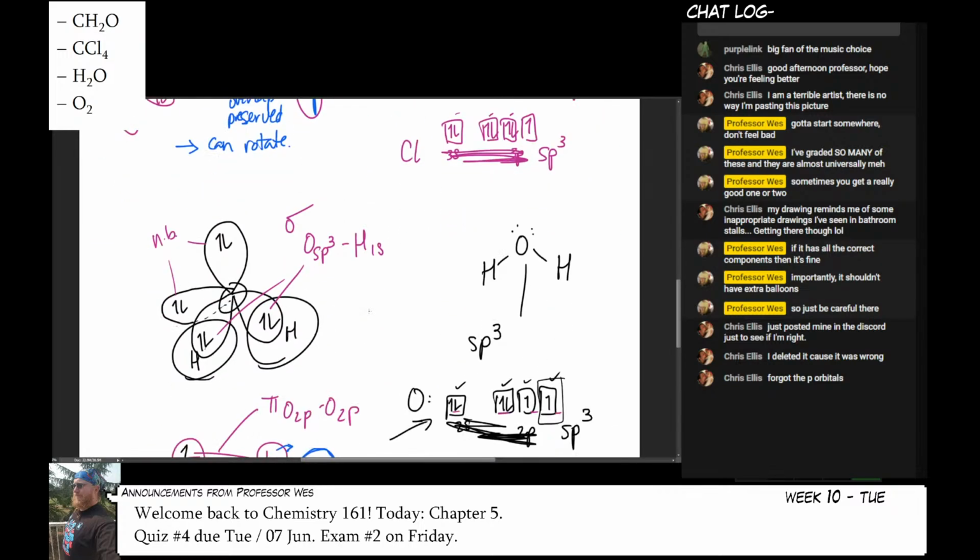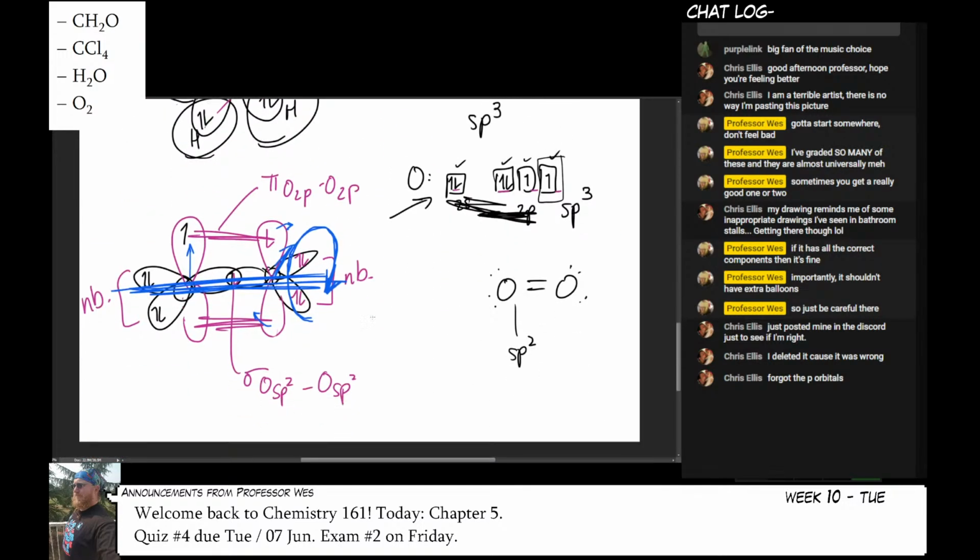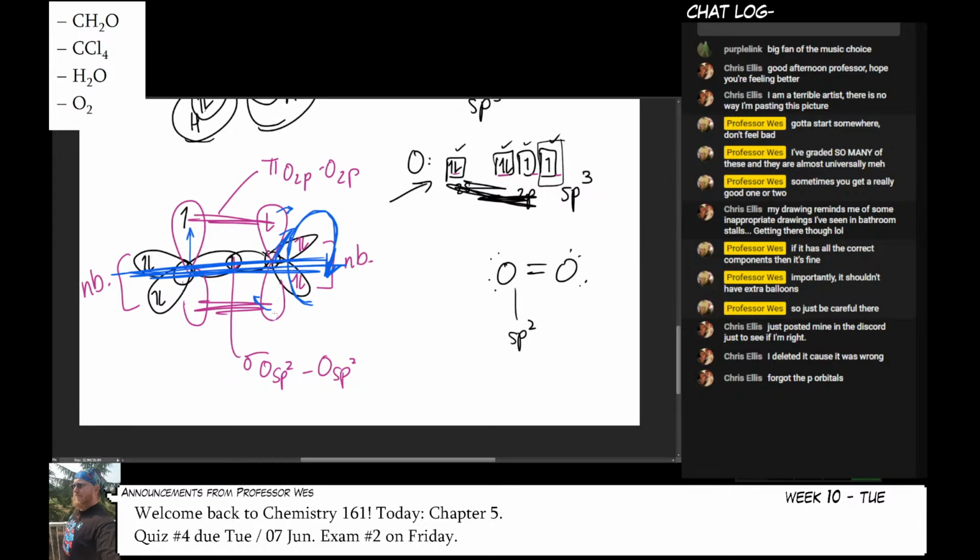But down here for oxygen, if I try and torque one end and have the other one remain where it was, then I hit an issue. And the issue is that when I rotate this, these become unaligned. Because rotation breaks pi bonds.